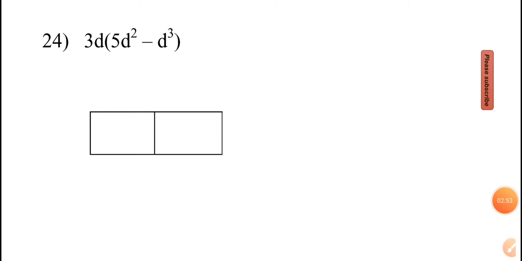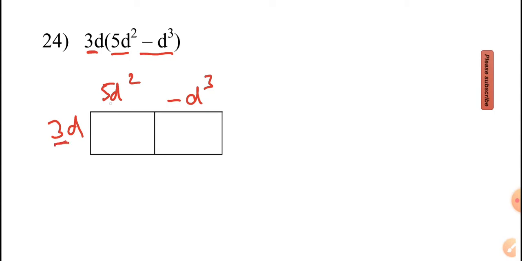So question 24 now. Because I can see 3d here, I will write 3d on the side there, and then the 5d square, I'll write 5d square there, and then because of the minus d cube, I'll write minus d cube here. So the first thing I have to do is 3d times 5d square.